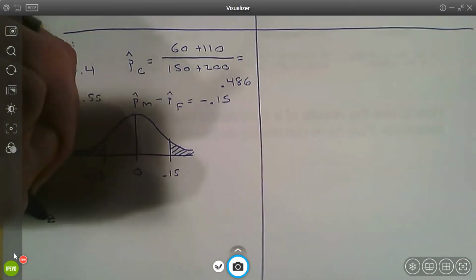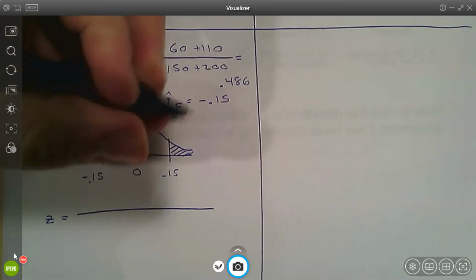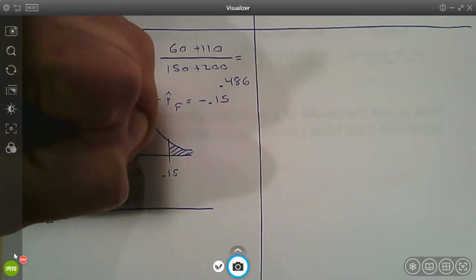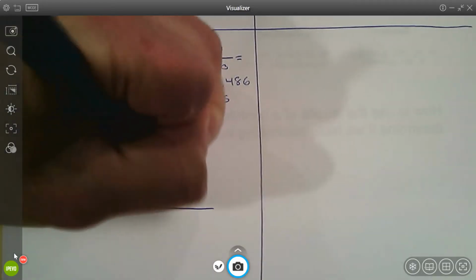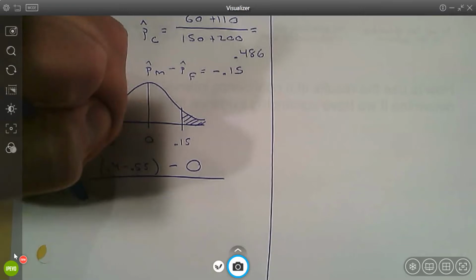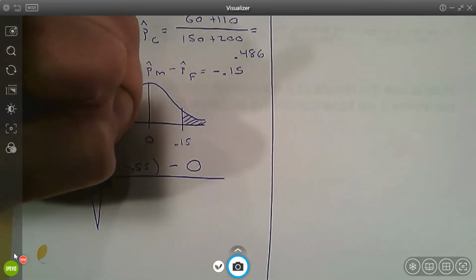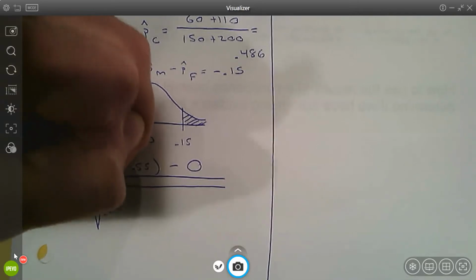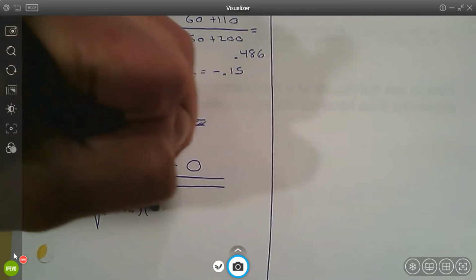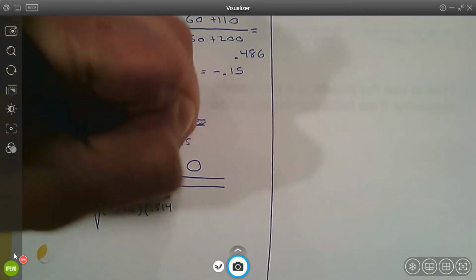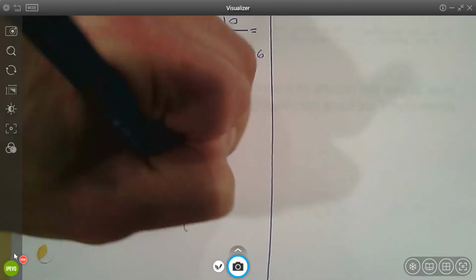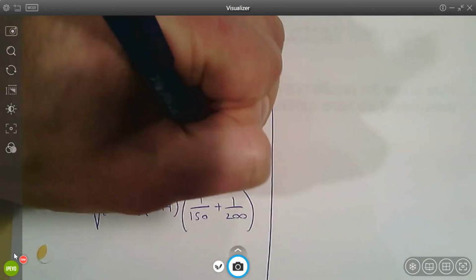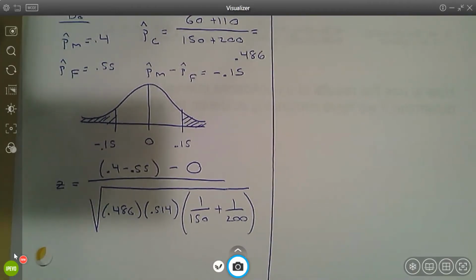So my z-score is going to look like this. I'm going to take my statistic, the difference in those sample proportions minus the parameter. We claim there is no difference. Divided by, and this is on your formula sheet, I'm going to use that combined estimate, 0.486 times its complement, 0.514, times the sum of 1 over each of the sample sizes.